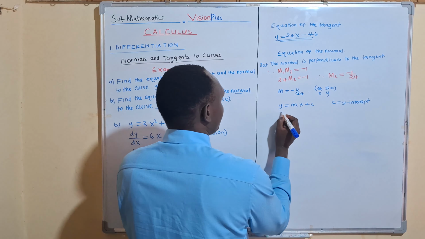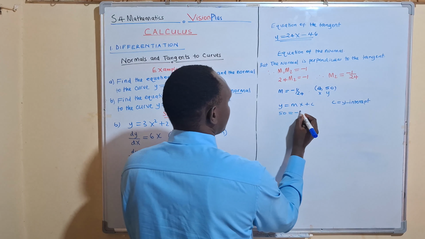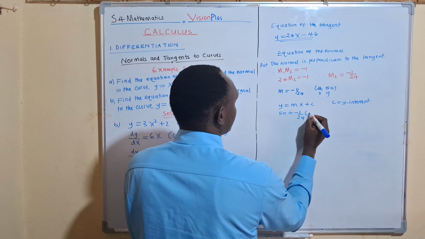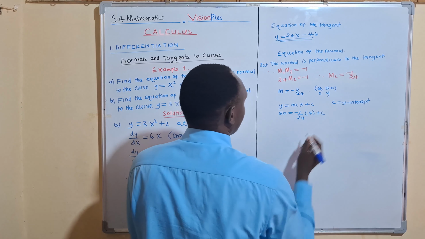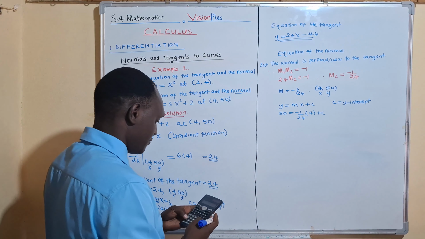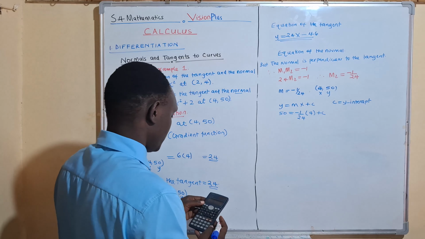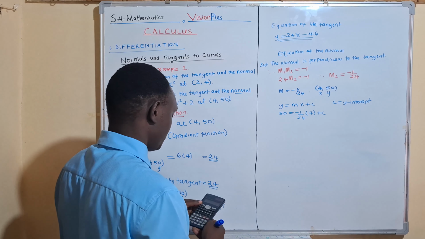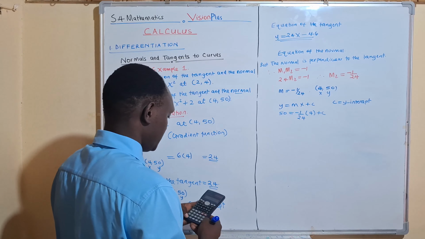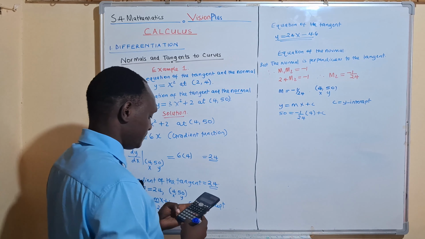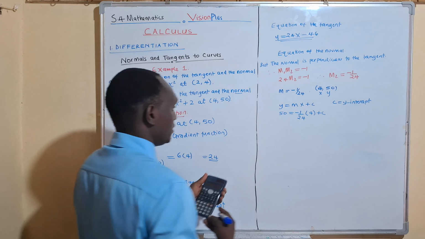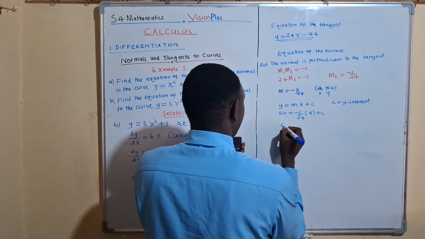c is the y-intercept that we shall look for when we write the equation. Therefore, we substitute. Therefore, 50 equals m, which is -1 over 24, times x, which is 4, plus c. So -1 divided by 24 times 4, and then if I take it there, it becomes positive. So 50 minus the answer.